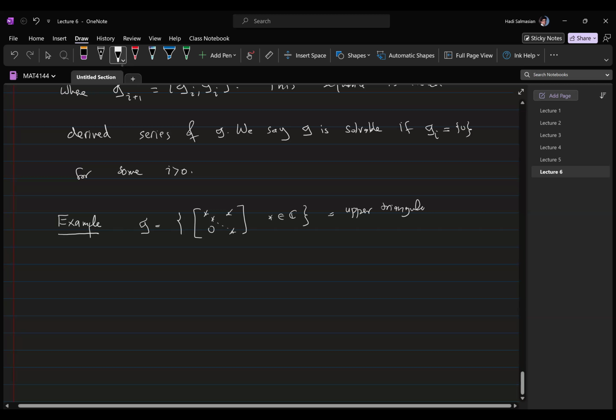With the usual bracket, xy minus yx. As a subalgebra of GLnC, this is solvable.